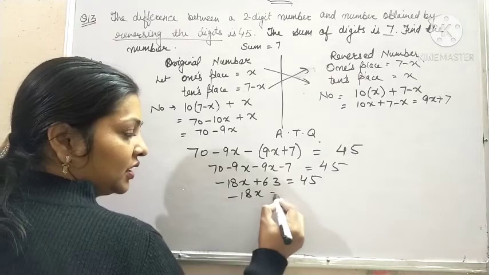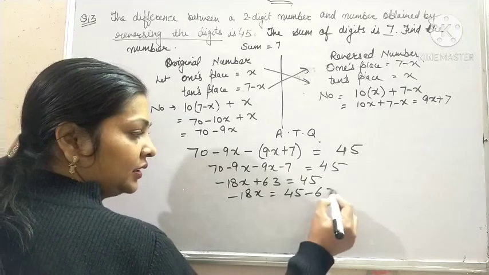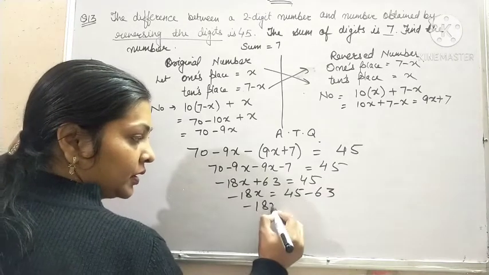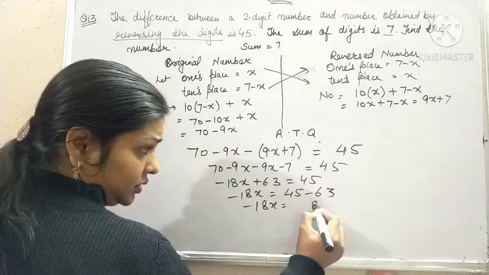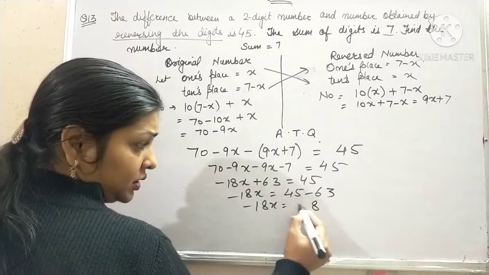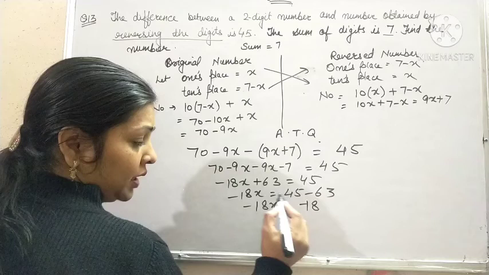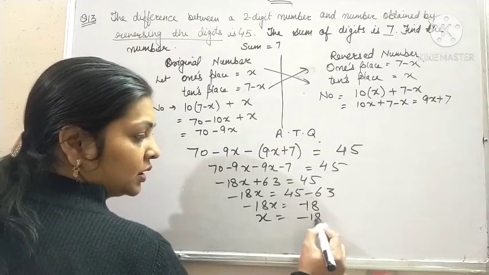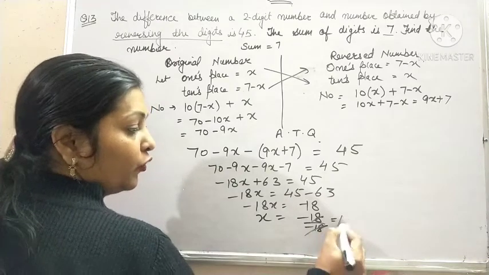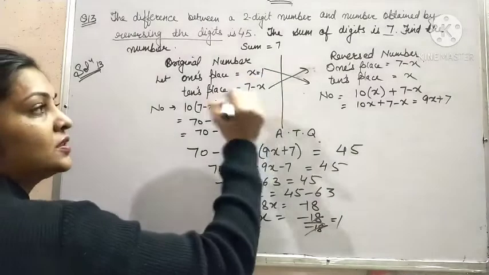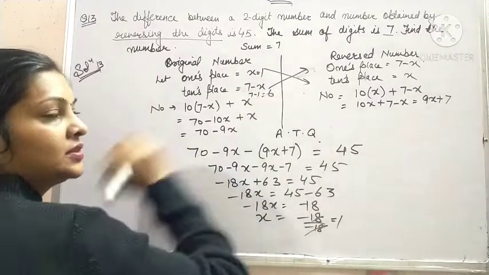Now this 63 will go on that side in subtraction. Minus 18x will be equal to minus 18, so x will be equal to 1. Now this is 1, and this is 7 minus 1, 6.